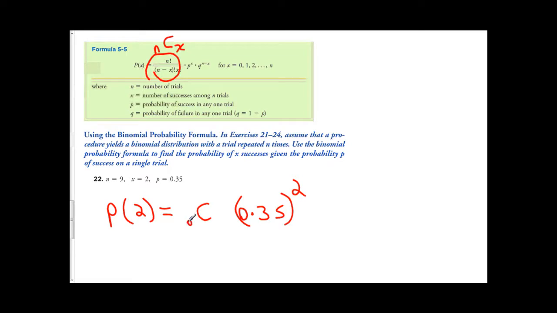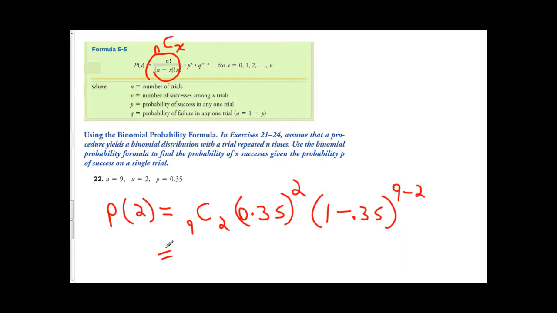So we're actually looking here at 9 choose 2, and then 0.35 squared, and then q is 1 minus p, so that's 1 minus 0.35 to the n minus x. N is 9, minus x is 2, and this is equal to, well, let's see here.